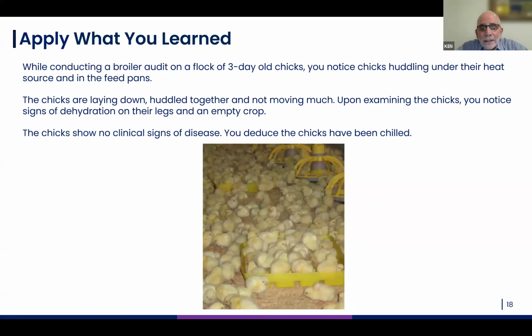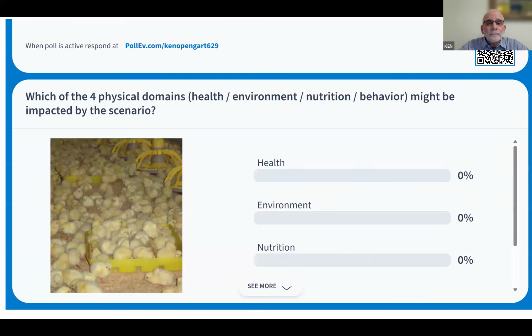And when you examine the chicks themselves, you notice that they're dehydrated, that their legs are showing you signs of dehydration, and their crops are empty, so they haven't eaten food. And when you necropsy some of the chicks, you don't see any clinical signs of disease, so you deduce the chicks have been chilled, and that's why they're acting the way they are. Okay.